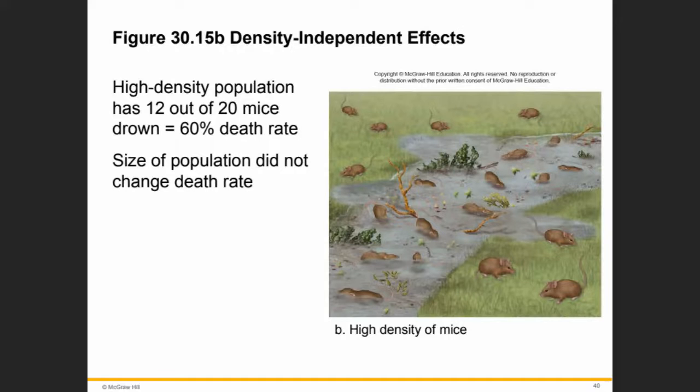It stays 60%. With high or low density of mice, you still have a 60% death rate. So the effect is independent of density for abiotic factors.